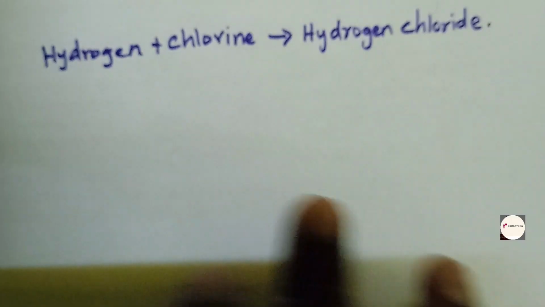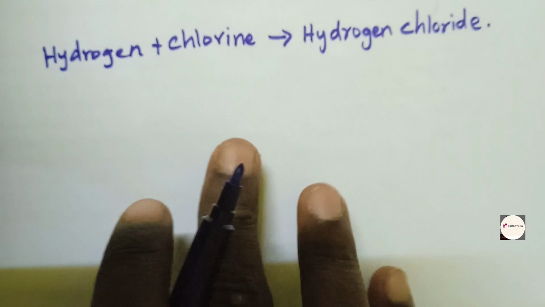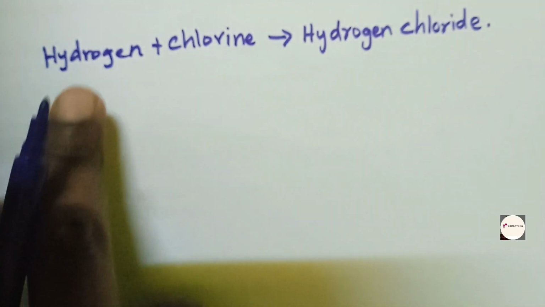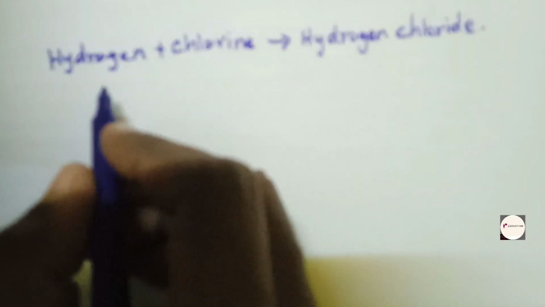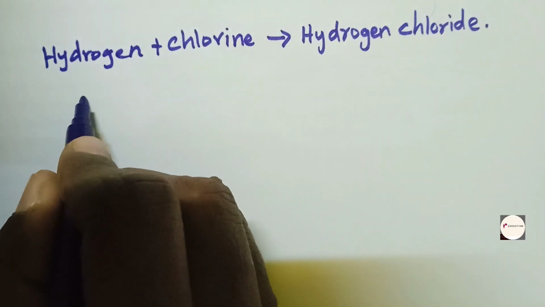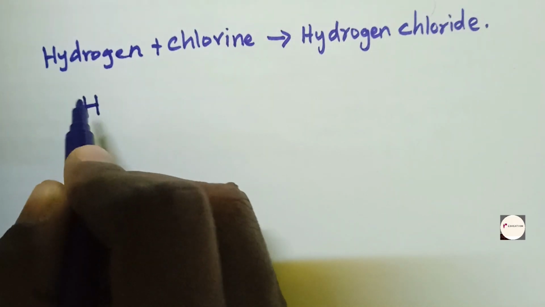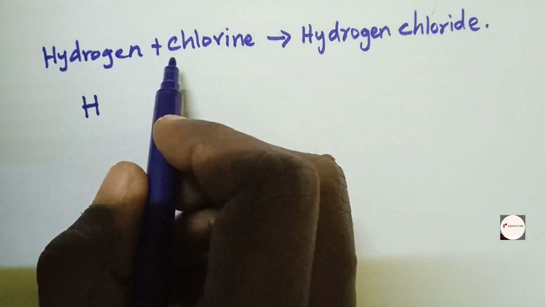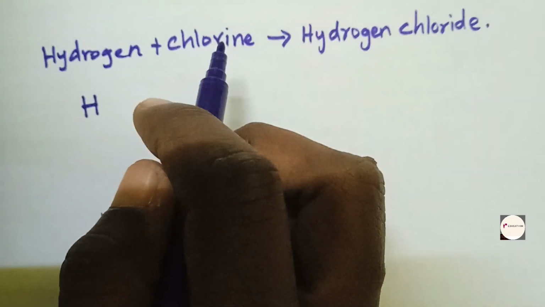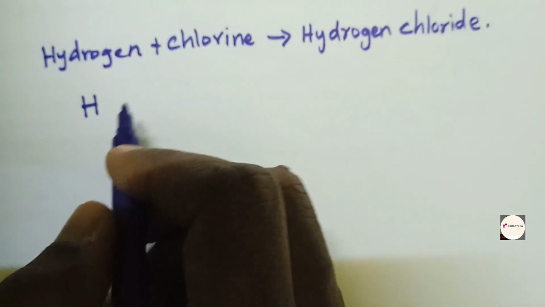Okay, so if they give it like this, what do you do first? You have to write the symbol of the element which is given. Here they have given hydrogen, so I can write the hydrogen symbol. And I already told you that hydrogen, chlorine, oxygen, nitrogen, these are all diatomic molecules.